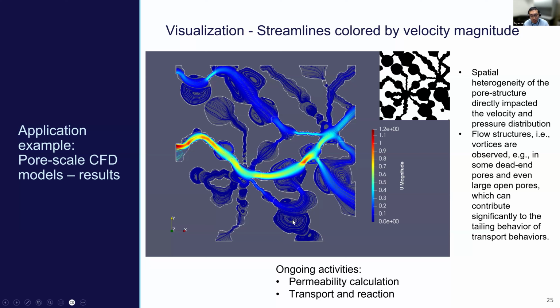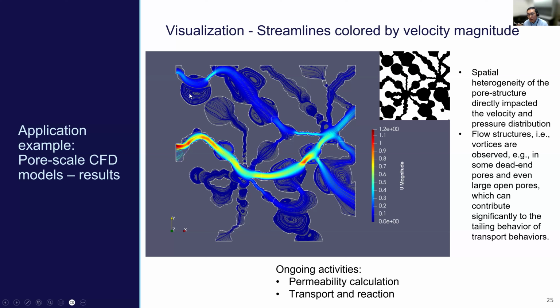Because there's not too much flow going into here, most of the flow velocity is very small, and it generated this kind of vortices. But an interesting observation is if we see this pore, although it's an open large pore, some flow is passing through, it still has this kind of vortice generated.